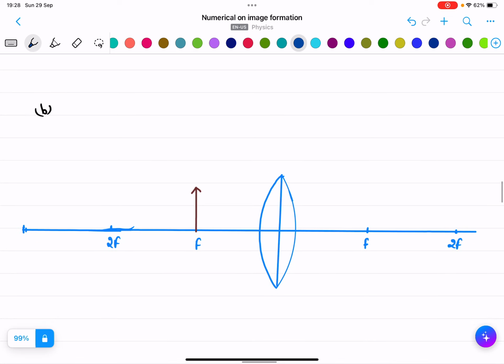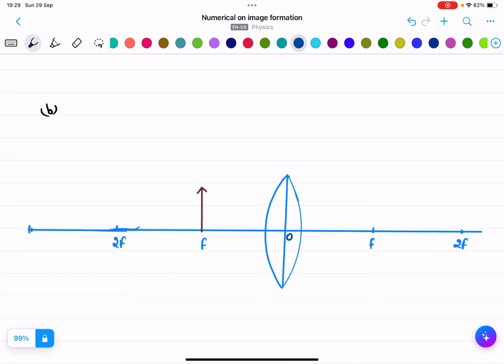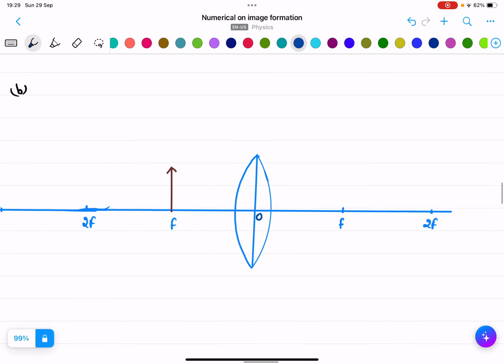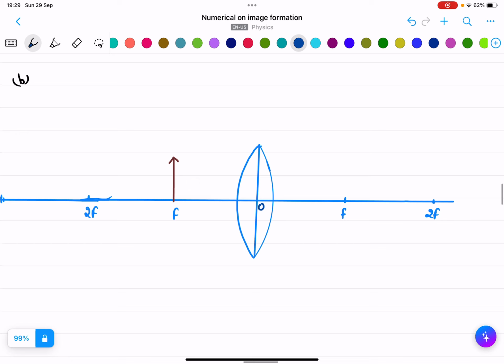Now this is the same diagram. Focal length, 2f, optical center. I have done everything here. Now this is the object and it is placed at 10 centimeter from the lens. Now the first rule. What is the first rule?